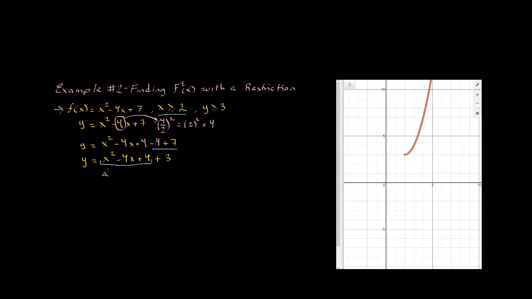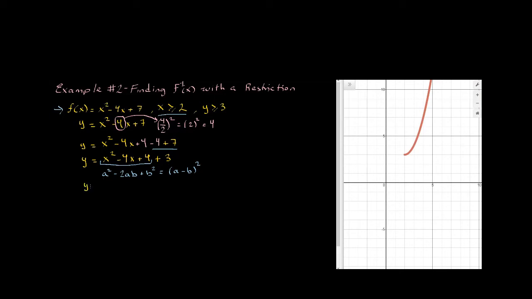That is, they fall into this structure: a squared minus or plus 2 times a times b plus b squared. And every time you find this structure, you can factor it like this: a minus b squared. That's what I'm going to do with these first 3 terms.